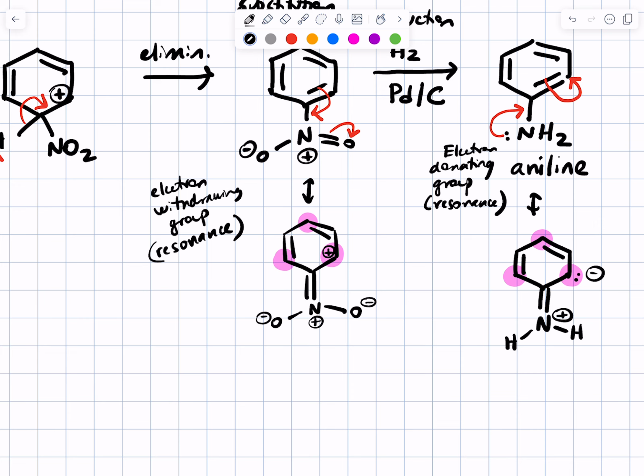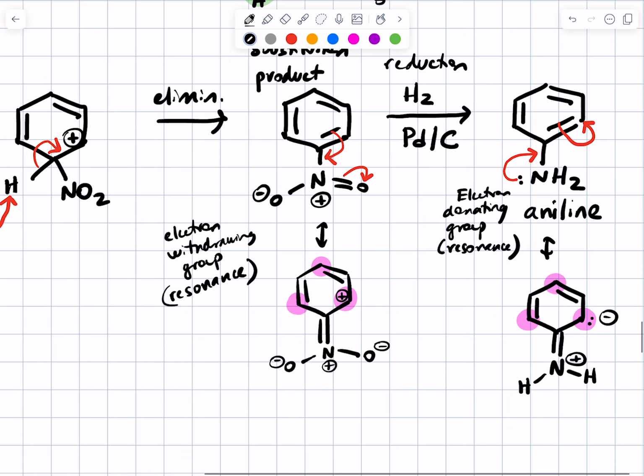Whether a benzene ring has a withdrawing group or a donating group on it is going to have major consequences. And so you need to start thinking about, if a group is on a benzene ring, is it a donating group or a withdrawing group?